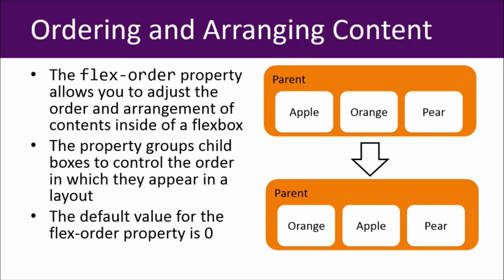So in this particular example, apple, orange, and pear all have a flex order property value of 0. And so with the parent, if we change the value of orange to 1 and leave apple at 0 and pear at 0, then orange will all of a sudden move to the front, right? So it's a good way to reorganize and rearrange the different Flexbox items.